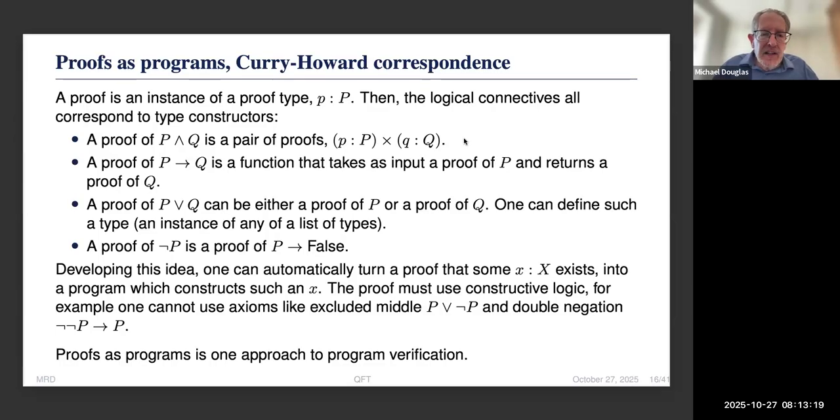And there's lots of things. Implication is one where, in a way, it's even more natural. If you have a function that takes a proof of P and returns as output a proof of Q, well, then you've proven P implies Q in a very constructive way. Not only is it true logically, it's true that you have a way of making the proof automatically.